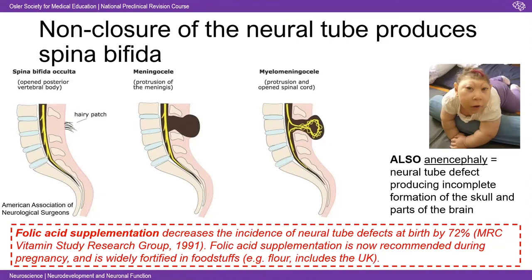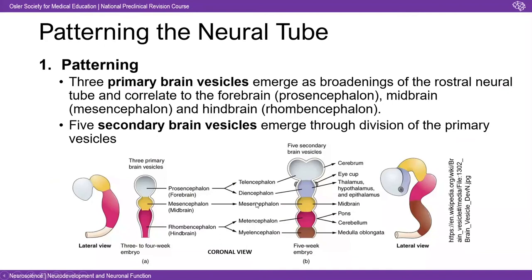A really important piece of work was this one in red at the bottom in 1991, showing that folate supplementation was sufficient to reduce these types of neural tube defects, indicating a role for folate in that process of neurulation. Maybe we can have a think about what that role is a bit later on. And now folic acid supplementation of numerous foods is widespread, including in the UK.